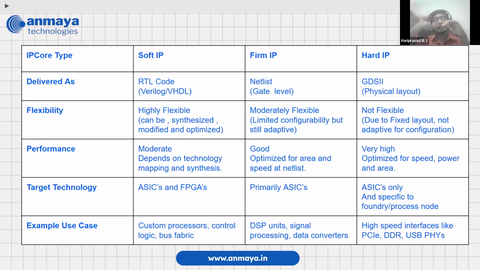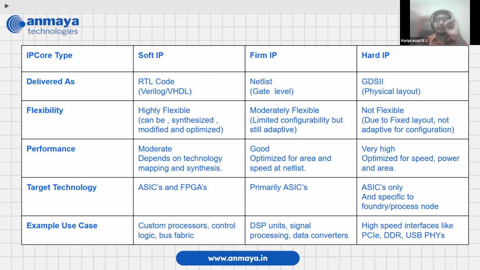That is from the ASIC design point of view. But from the FPGA point of view, the hard IP is already synthesized and already present in the FPGA itself. So soft IP is moderate performance and hard IP is very high speed, right?